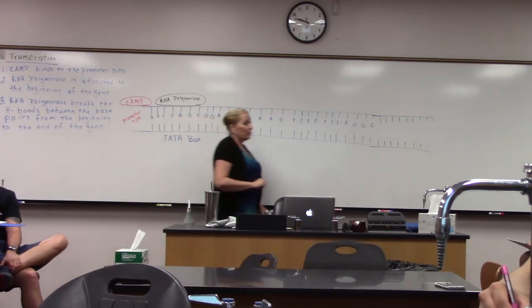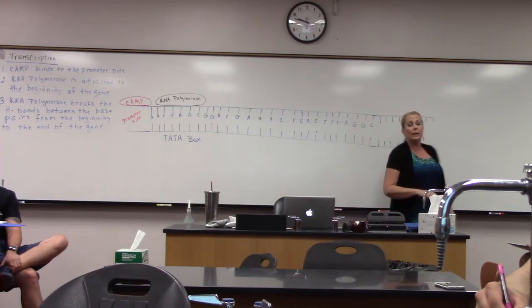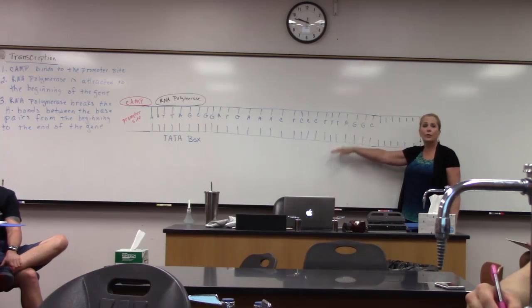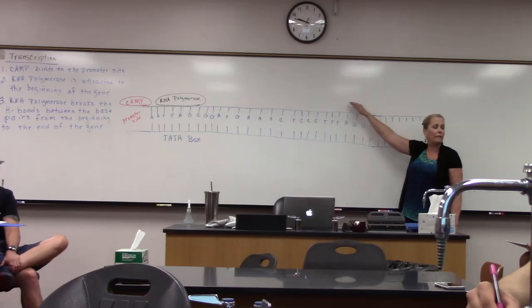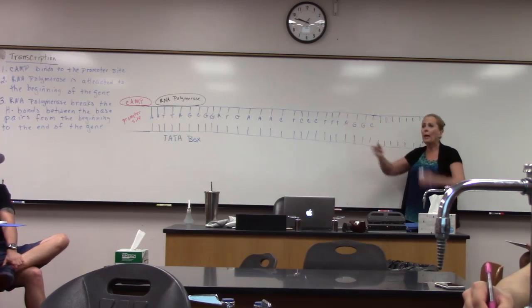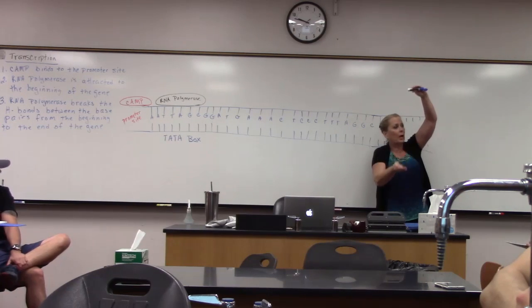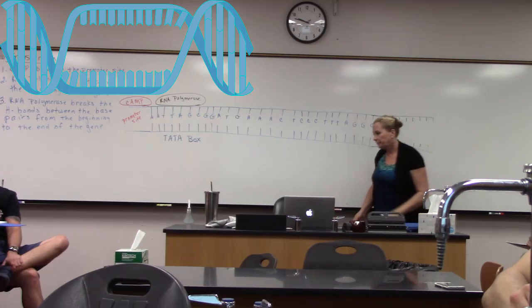So like a zipper, this is going to prevent the two sides of DNA from holding on to each other anymore. And what we're going to see is the two sides move apart.